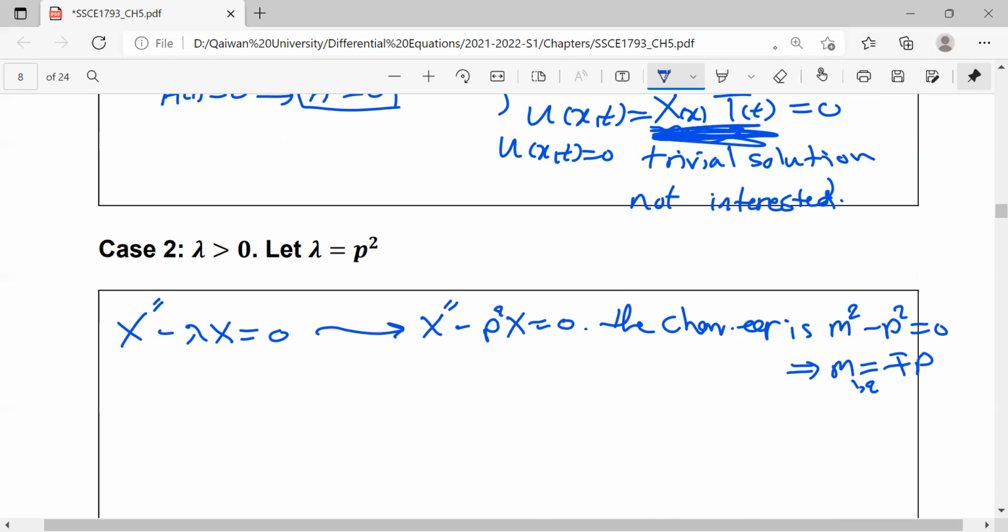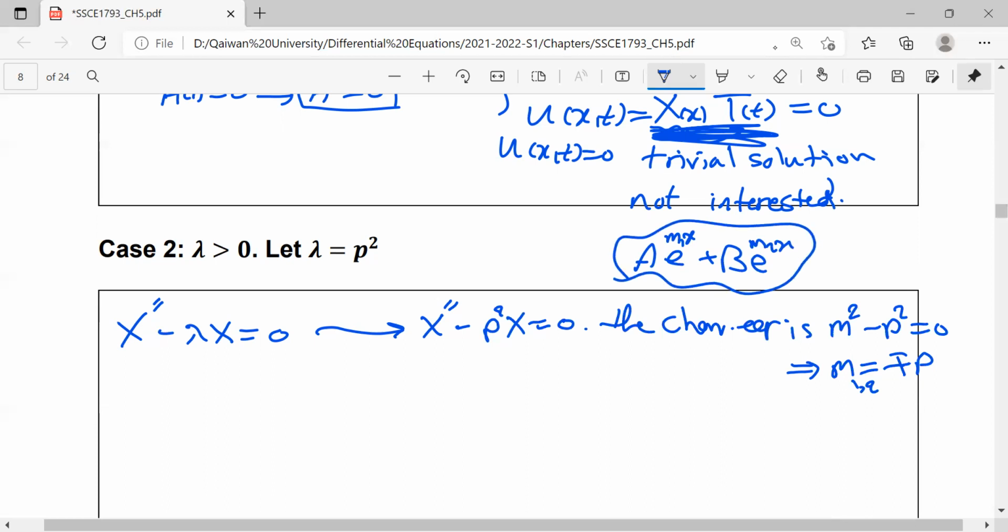Okay? Now, if we have 2 different values for m, the form of the solution is a e to the power m1x plus b e to the power m2x. This is the form of the solution.